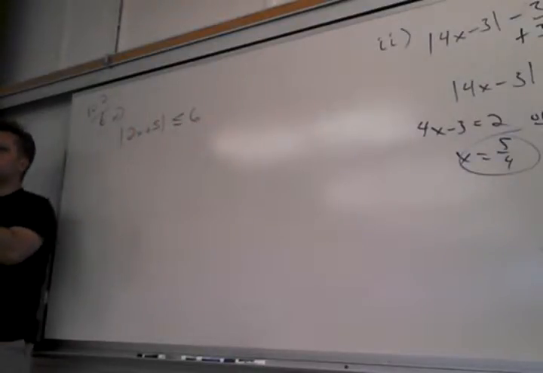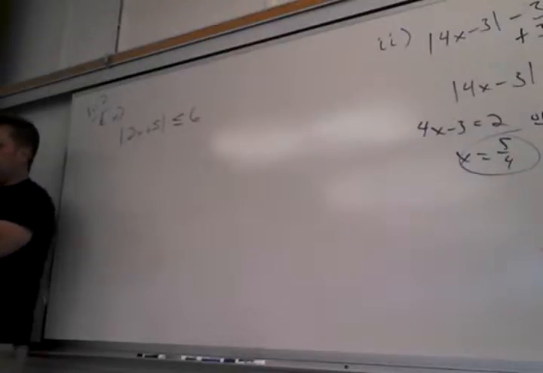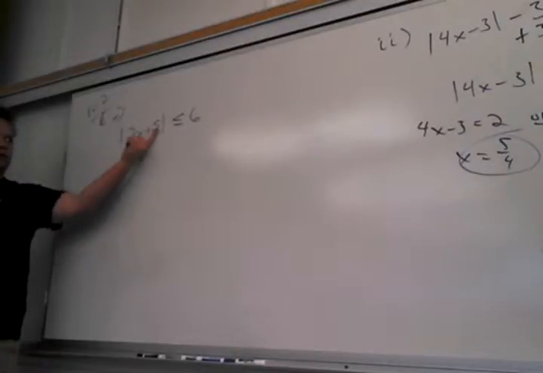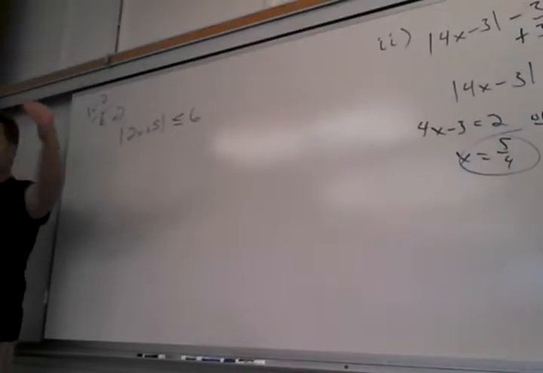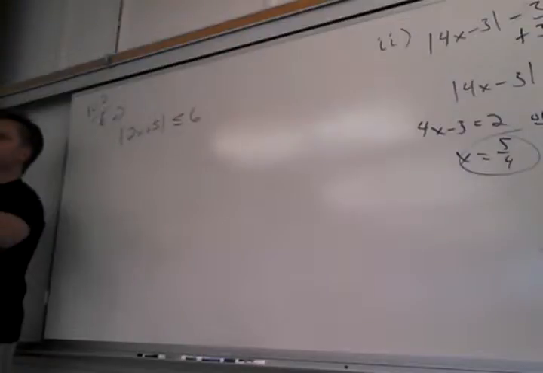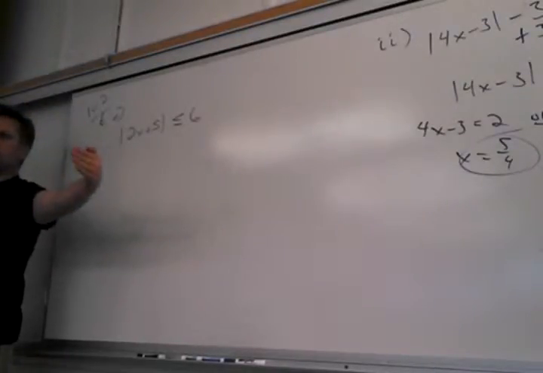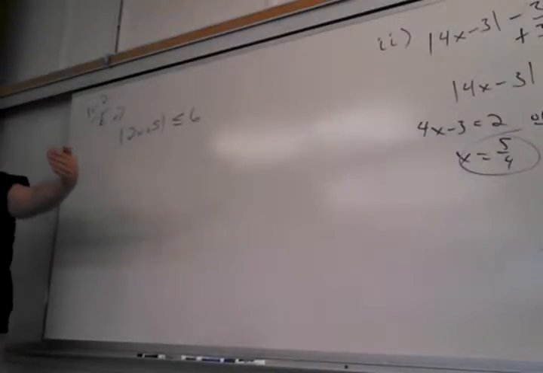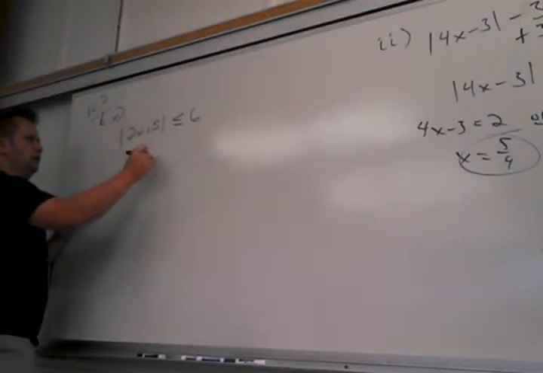So I desperately tried to get you guys to understand how I could rewrite this. If I'm in the middle, how far do I want this to get away from me? If I wanted to get no more than 6 away from me, how far up could it go? And how far down could it go? If I'm going down, that would be negative 6, right? So that's why I can immediately write this as that.